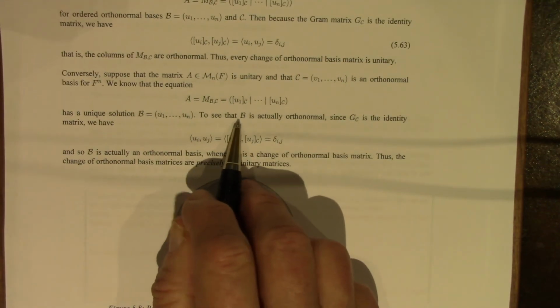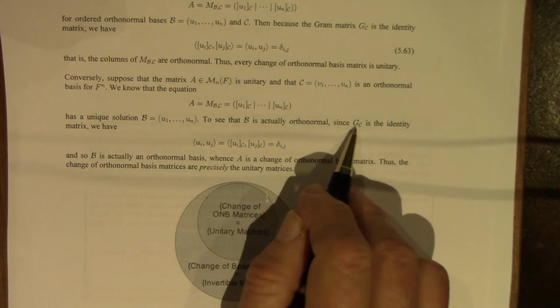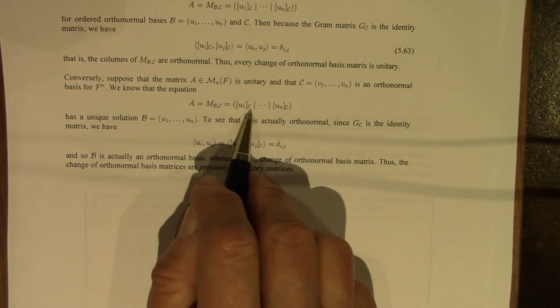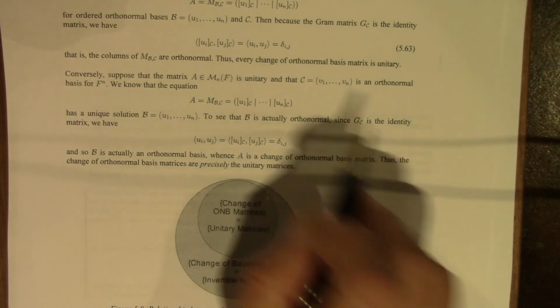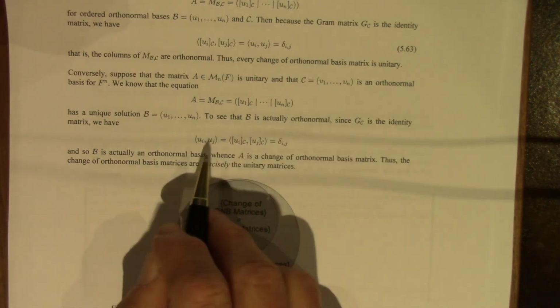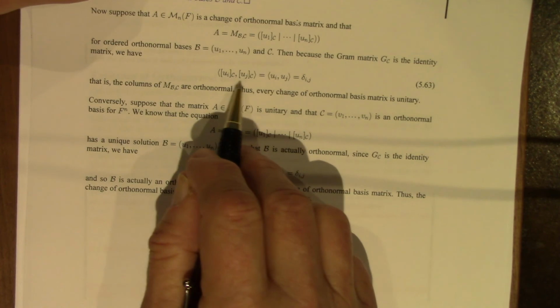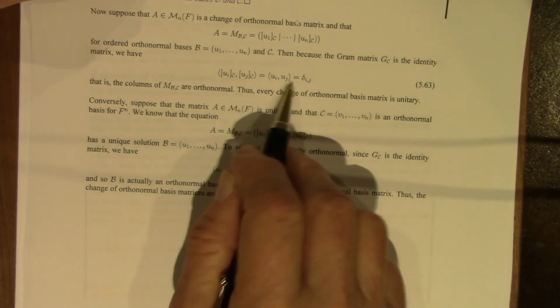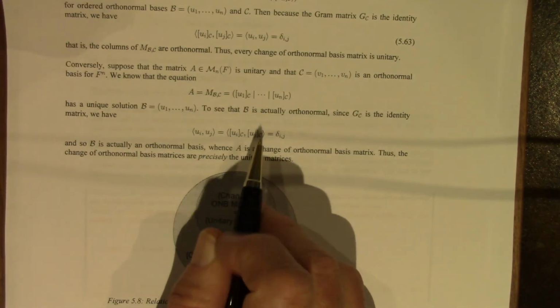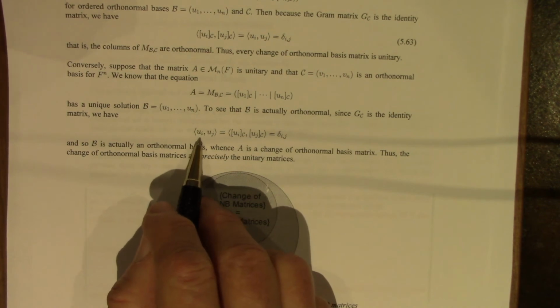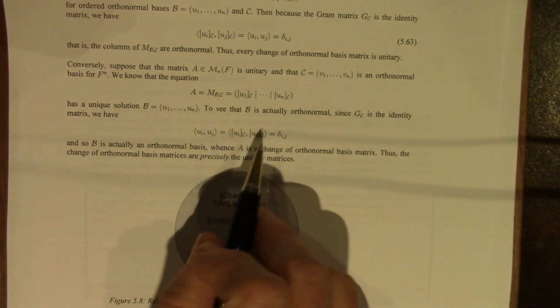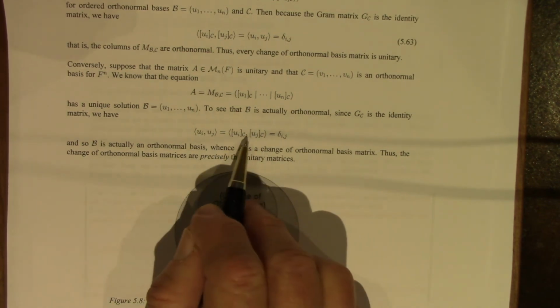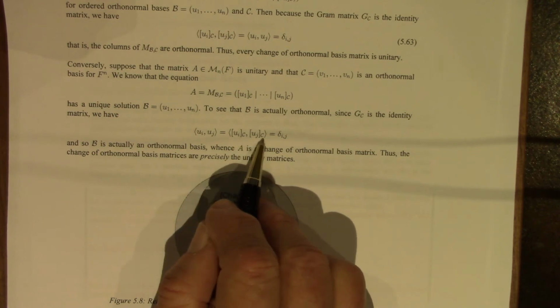Well, to see that B is orthonormal, again, the Gram matrix with respect to C, because C is orthonormal, is the identity. So we have these same terms here, but in a different order. The inner product of ui and uj is equal to the standard inner product of their C-coordinate matrices.